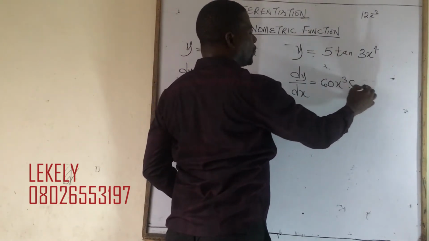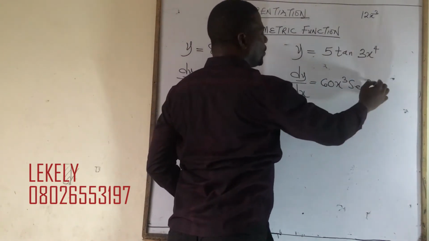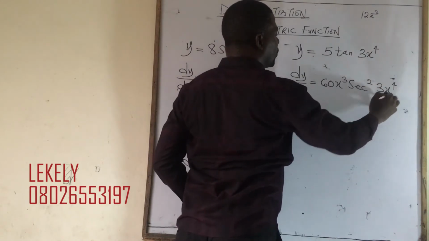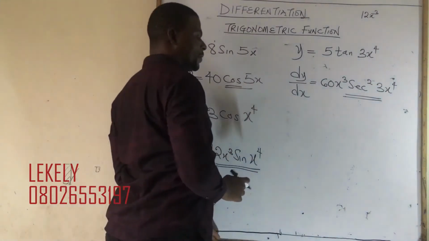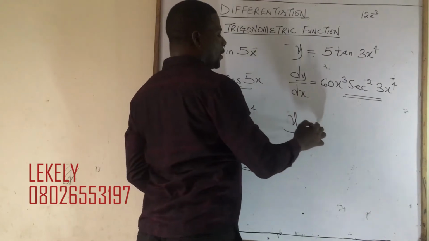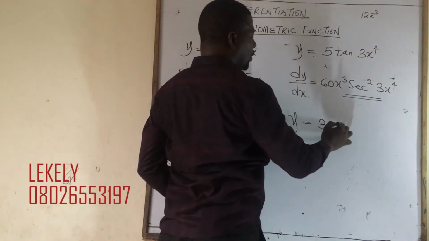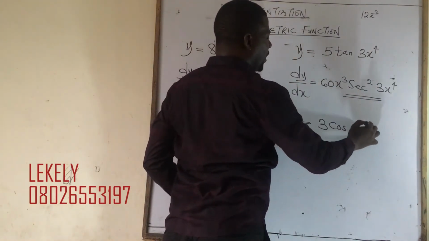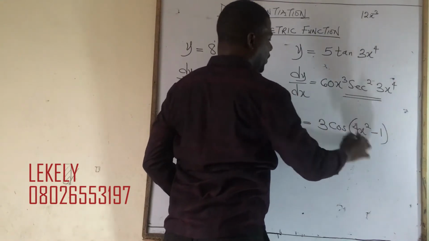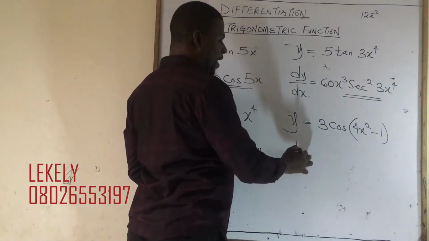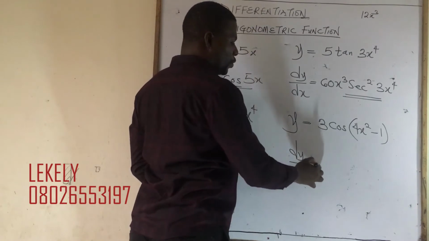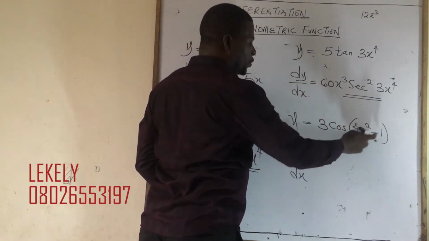When you differentiate tan, it will give you sec squared. Then you will write this 3x raised to power 4. You see that? So if I have y equals 3 cos 4x squared minus 1, for example. So my dy dx here is going to be differentiate 4x squared.